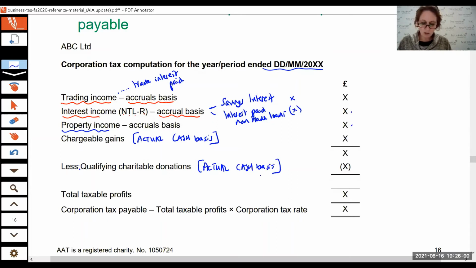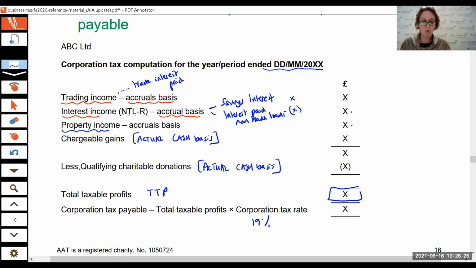That brings us down to total taxable profits, or TTP. And to find the tax that we pay on that profit, we multiply it by corporation tax rate. And for the period that we're doing our exam, that's 19%. So again, just because of how the corporation tax rates have changed over time, you're just going to be using 19% in your assessment because we've had that rate for a couple of years now.